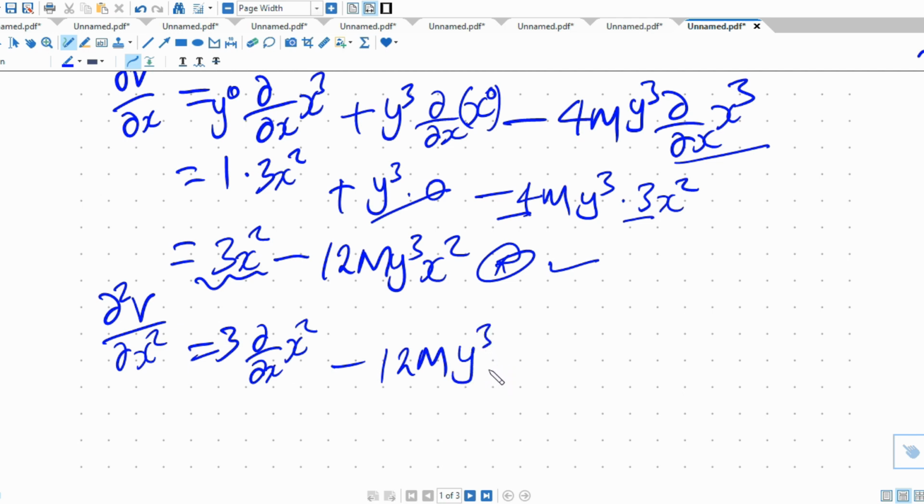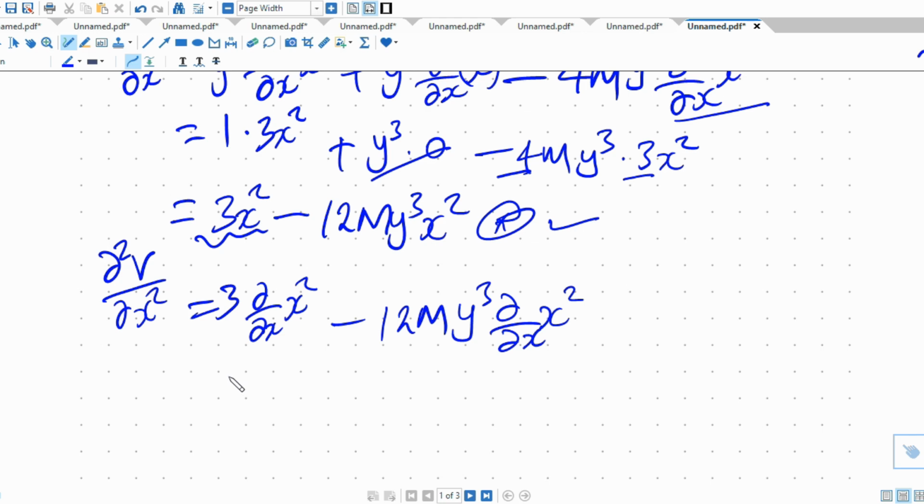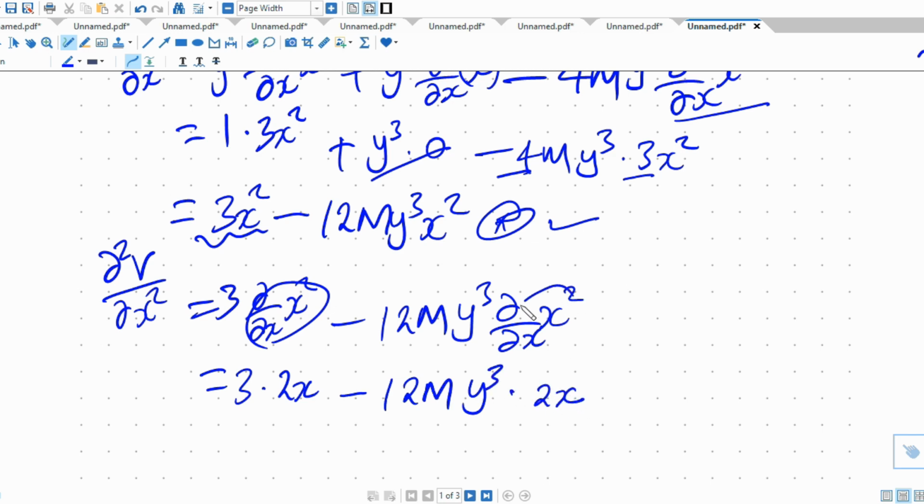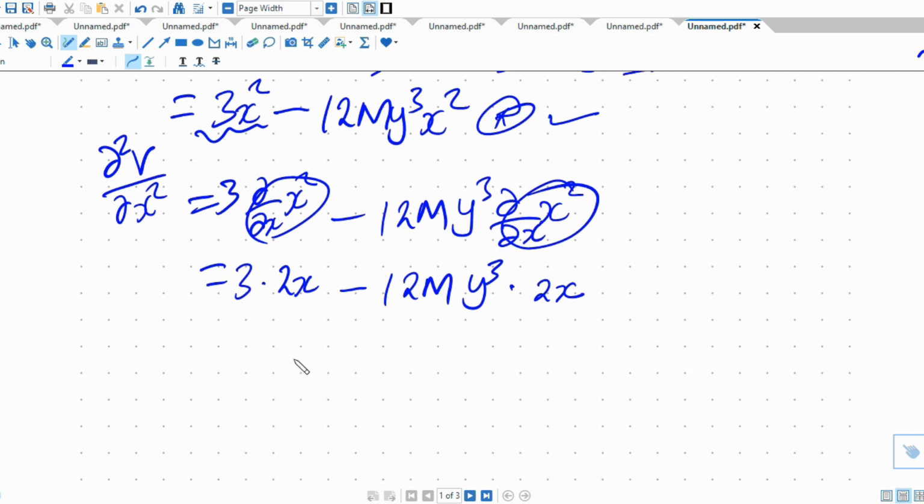y also is kept constant in this case, and we differentiate x squared on this side also with respect to x, so that we shall have here 3 times 2x. Differentiating this one, you get 2x, minus 12m y raised to 3 times 2x after differentiating over there.